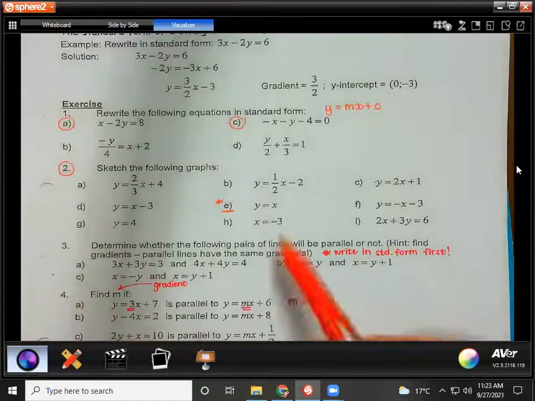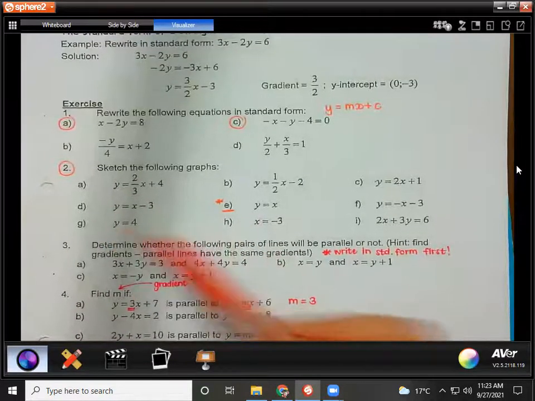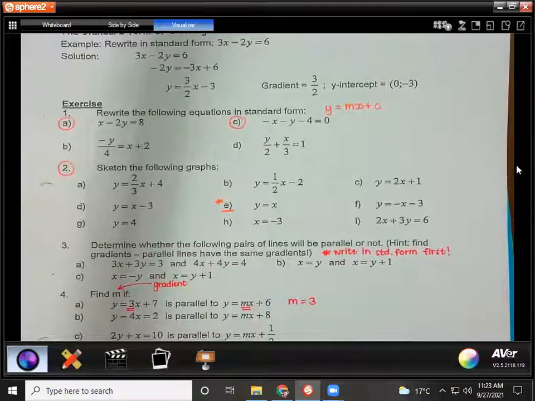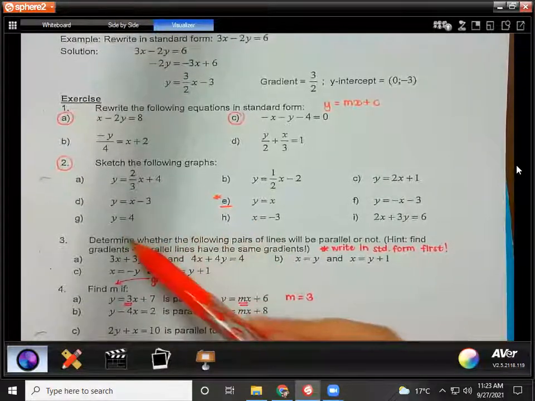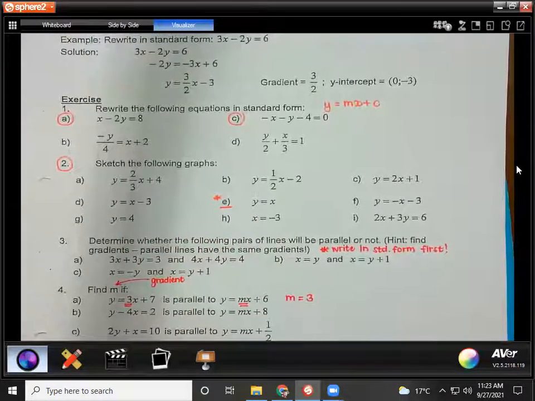Okay. For G and H, guys, do you remember the very first straight lines that we did? Can you go back to the very first lines that we drew? It was horizontal and vertical lines. That was the heading. Or maybe it was vertical and horizontal. I can't remember what order we did them in. Vertical and horizontal lines.